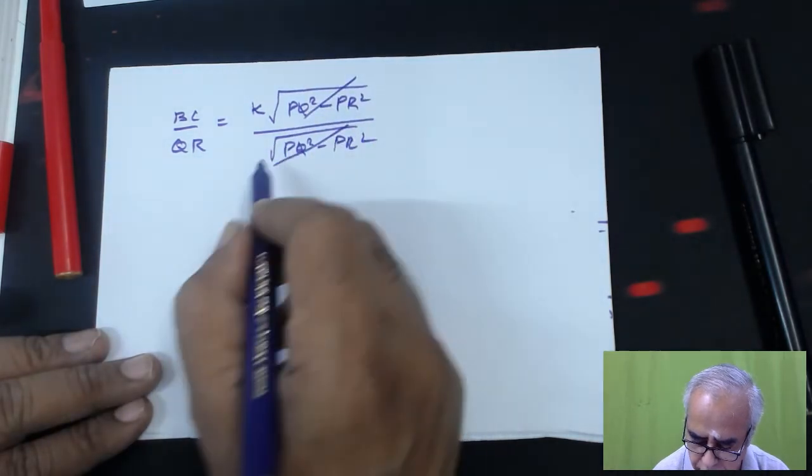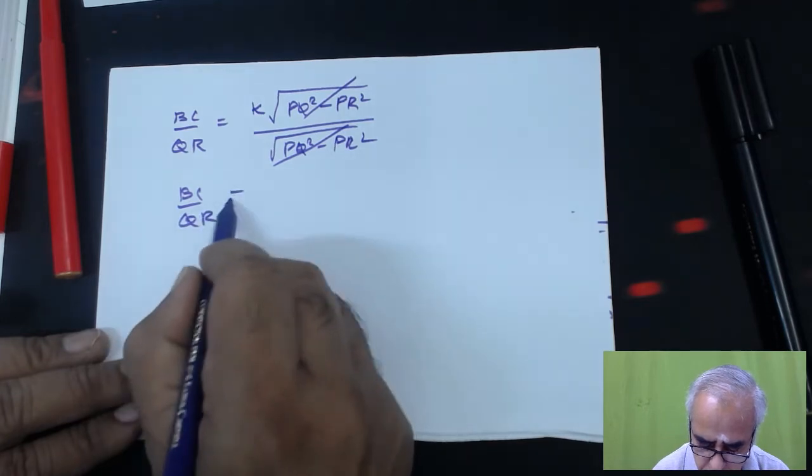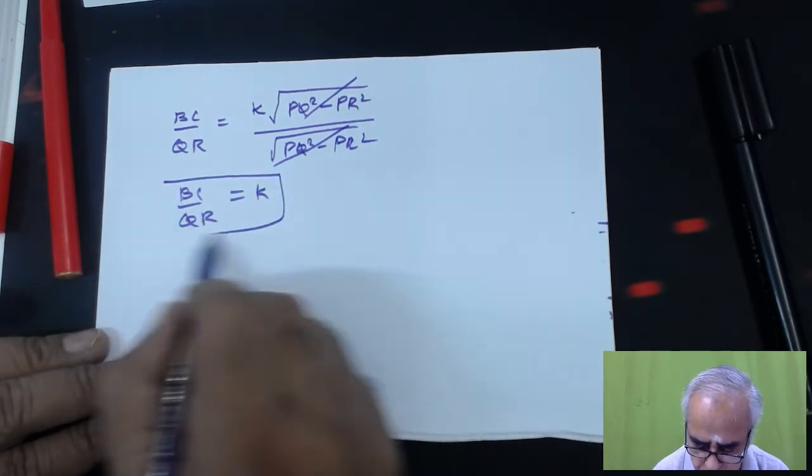So these two can be cancelled, and once again BC divided by QR is equal to K. So this is another set.